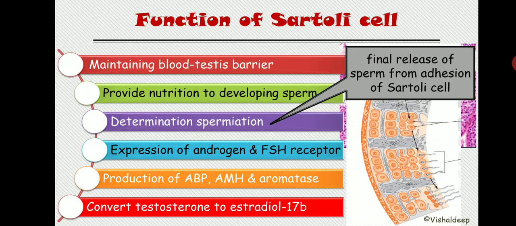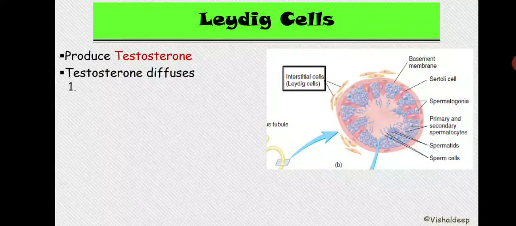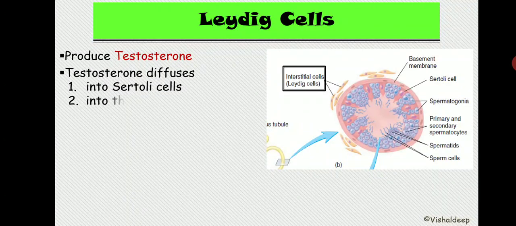Now let's discuss the Leydig cell. The Leydig cell is situated in the intertubular compartment, or peritubular compartment, or the interstitial space. That Leydig cell will produce the actual testosterone. So testosterone first diffuses into the Sertoli cell, or it also enters the blood.